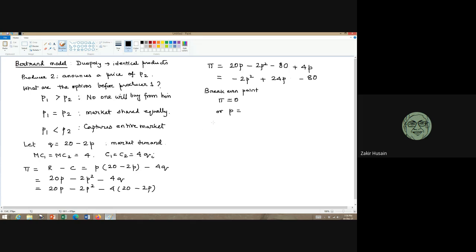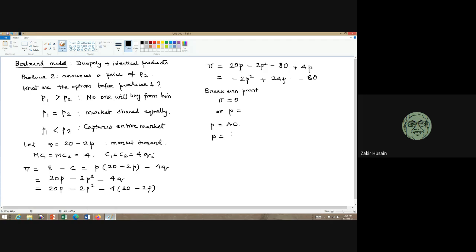If you think about it, it's pretty obvious. If you just set price equal to average cost, that is the break-even definition. Now, what is average cost?